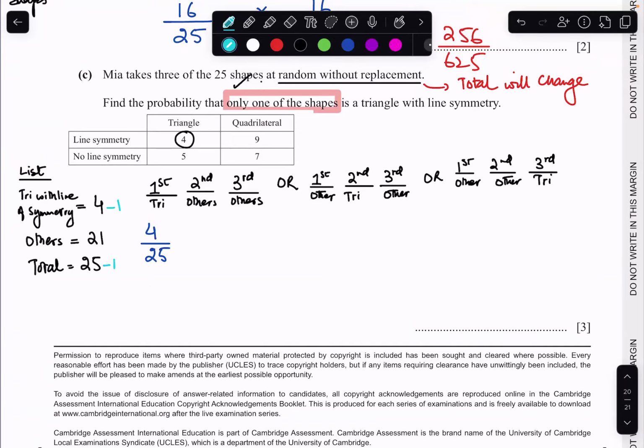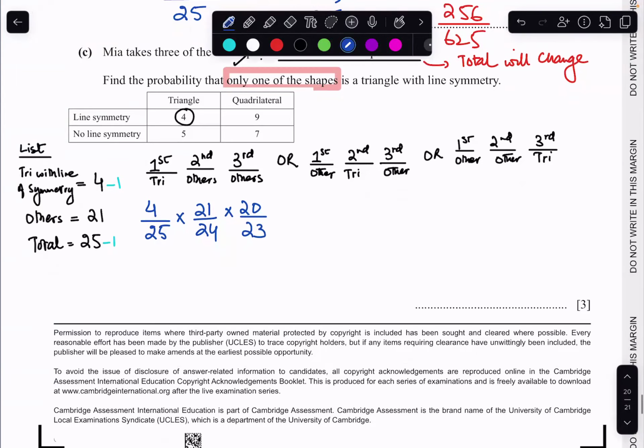Now the probability of the other one should be 21 over 24. Good. Now we have 20 over 23. Good, because one of the other shapes is reduced along with the total. So it is going to carry on the same for all these three.